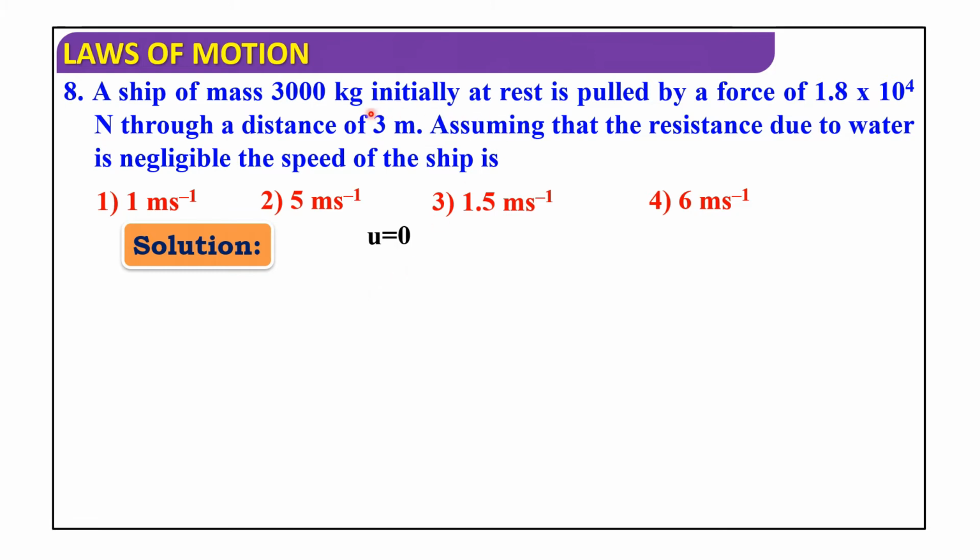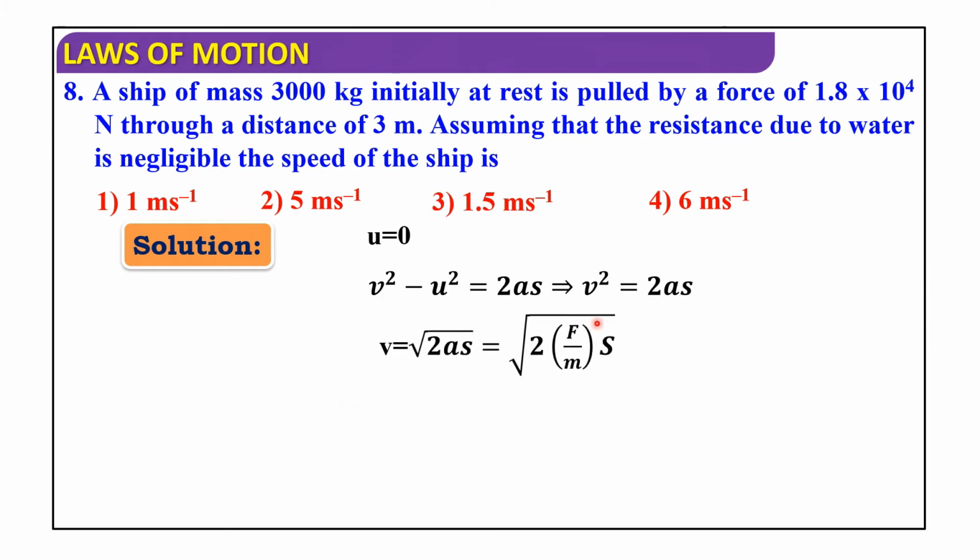Here the body is at rest. Initially at rest means its initial velocity is 0, so u = 0. Then from the third equation of motion, v squared minus u squared = 2as. Substituting u = 0, the equation becomes v squared = 2as.